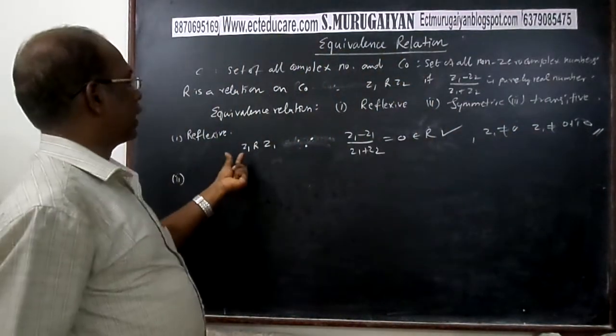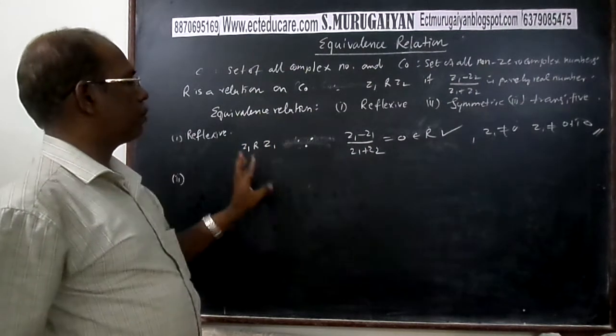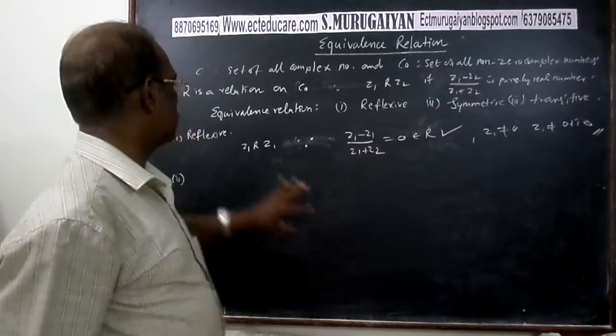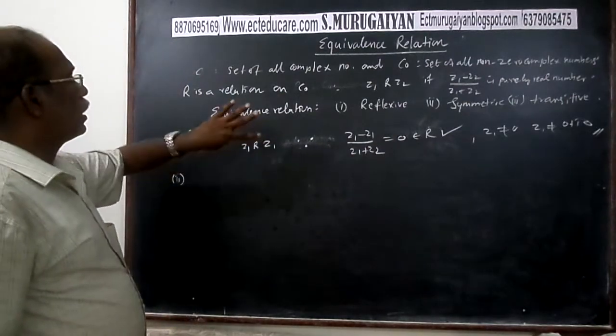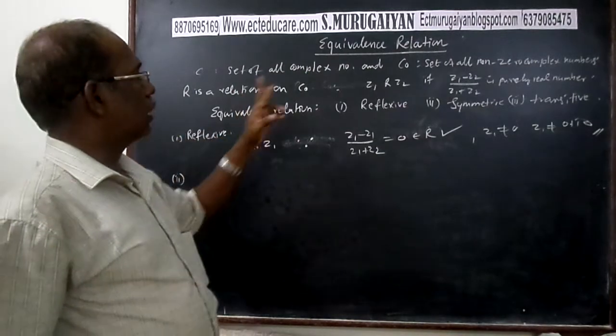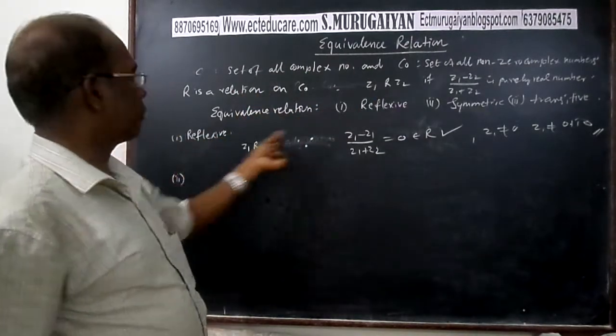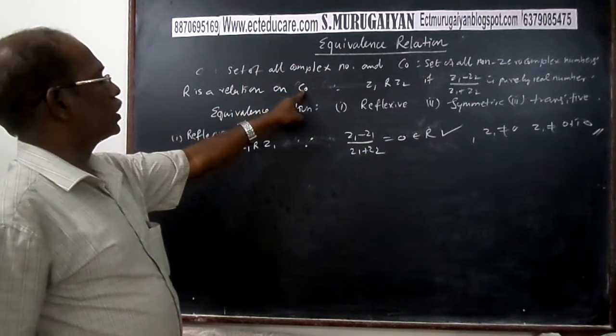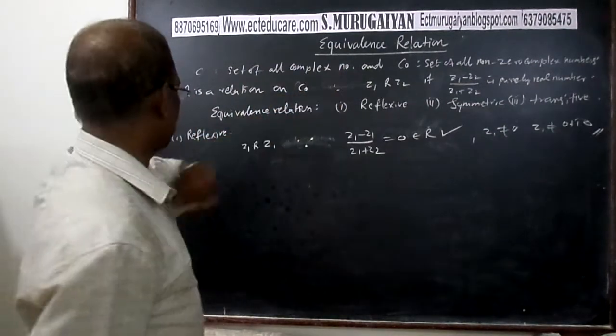So if we take any arbitrary complex number, (Z1 minus Z1) by (Z1 plus Z1) equals 0, which means this is true for all non-zero complex numbers. So what is the conclusion? The relation R is reflexive on the set of all non-zero complex numbers C naught.